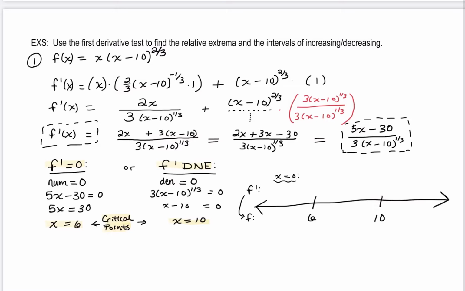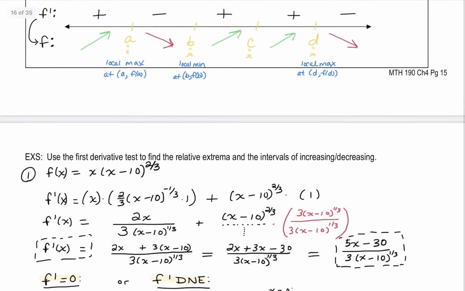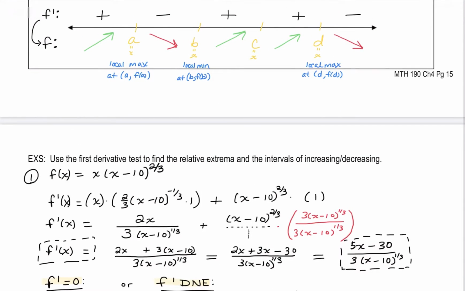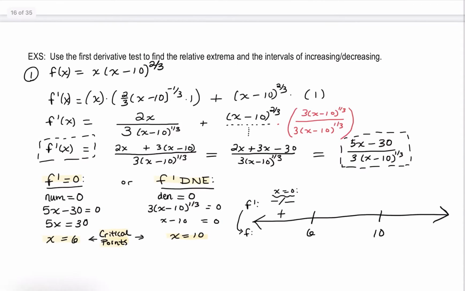So sub 0 into the numerator, 0 minus 30 is going to be a negative, divided by negative 10. Cube root of a negative is negative. So a negative divided by a negative is going to be positive. And so remember what we talked about last time, where a function's derivative is positive, that means the actual function, the original function, is going to be increasing.